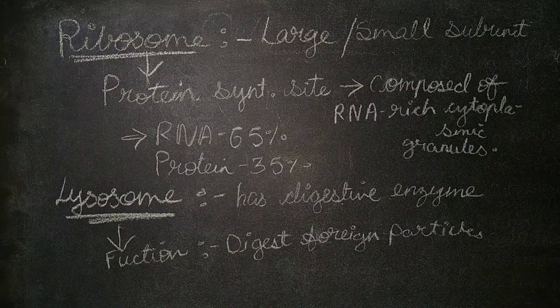The next is the lysosome, a round organelle surrounded by a membrane that contains digestive enzymes. Its function is to digest foreign particles brought inside the cell during phagocytosis and pinocytosis, and it also serves to digest cell components after cell death.